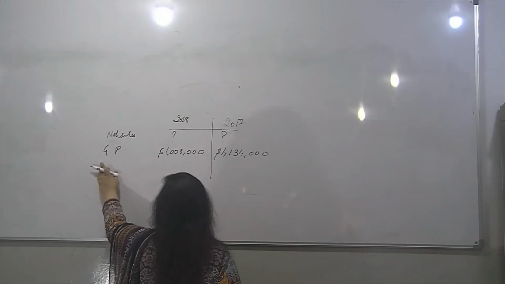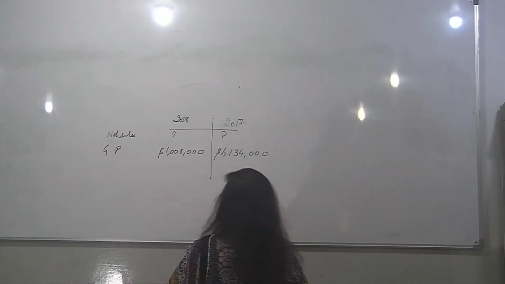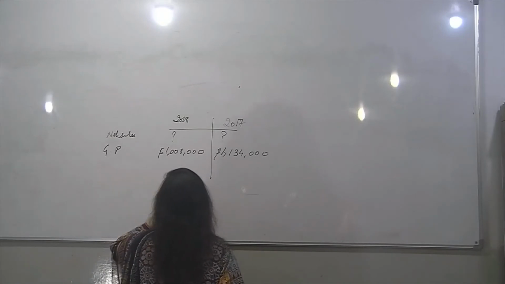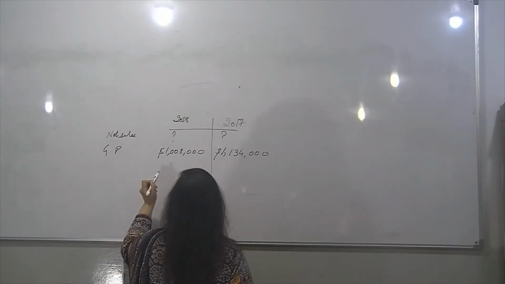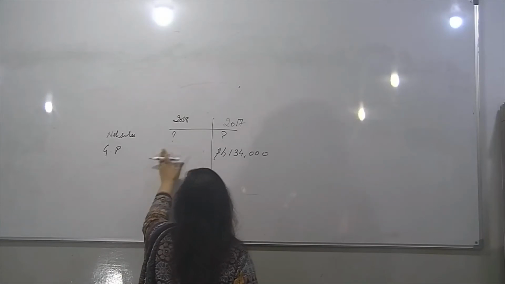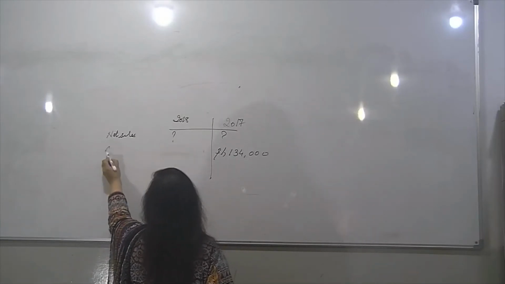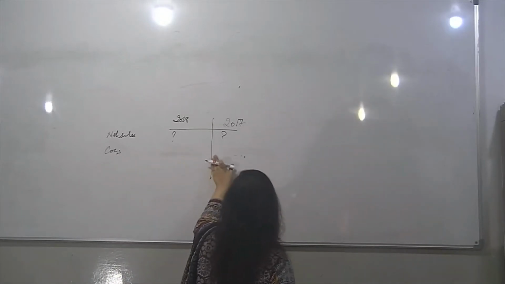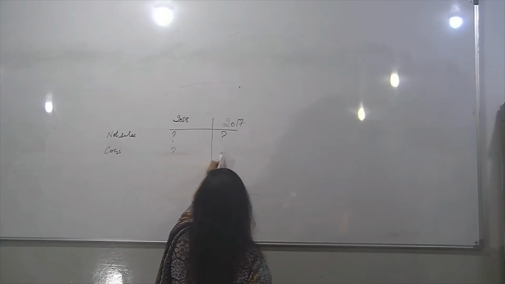Okay, so now cost of goods sold is also missing for us. So then we have cost of goods sold determined, and I think I'll have to keep it a bit below. So this is also not known to us.